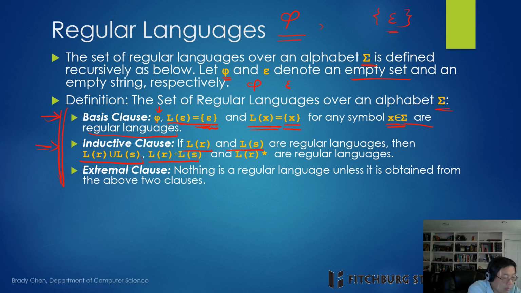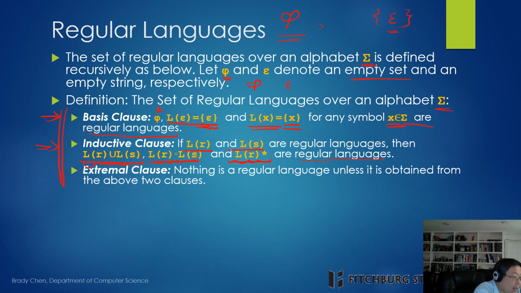The concatenation of LR and LS is a regular language. And the Kleene star of LR is a regular language. So these, after the operation union and the concatenation and the Kleene star, are also regular languages.